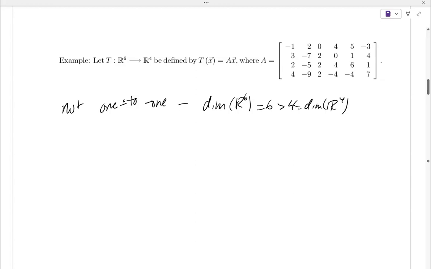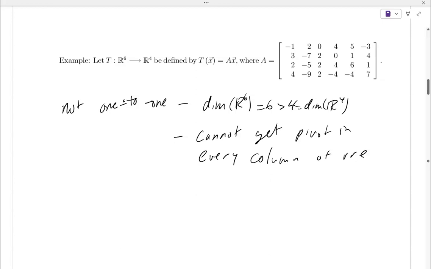That's one reason. Another reason is we cannot get a pivot in every column of the reduced row echelon form of A. Is there a pivot in every row?